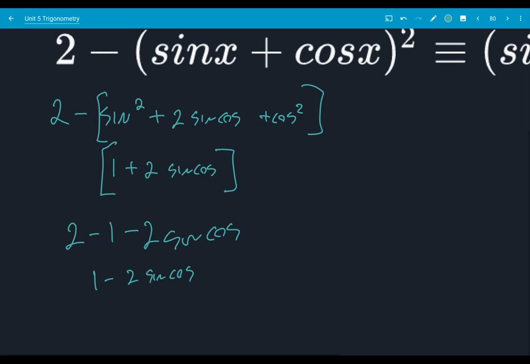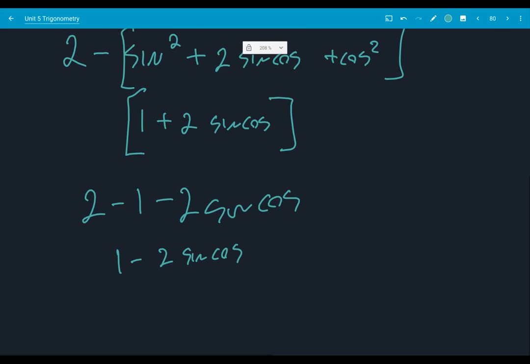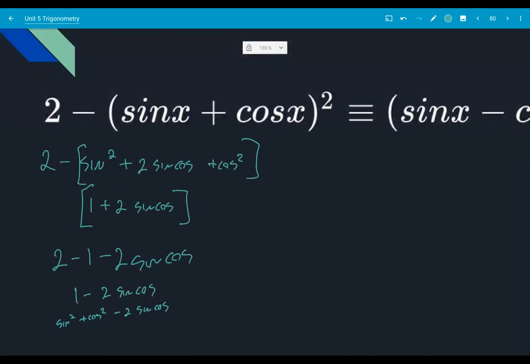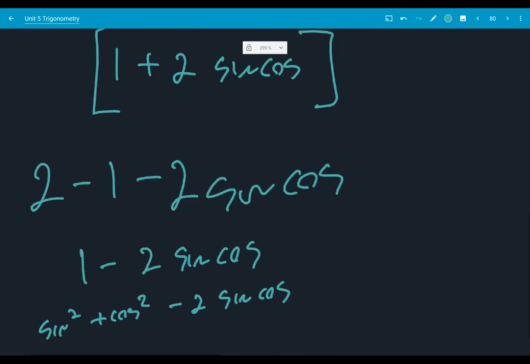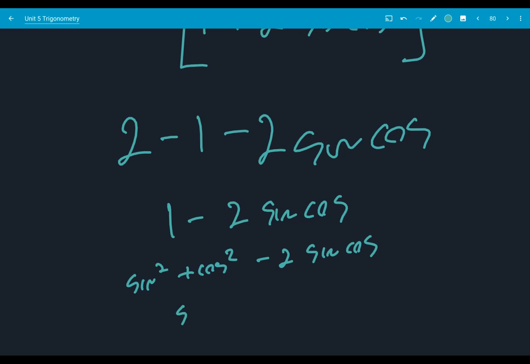I've got one more trick left. I can put the 1 back. I can do the Pythagorean identity again. So I can say sine squared plus cosine squared minus 2 sine cosine. That I recognize as a perfect square. You might not yet. Let me rewrite it.